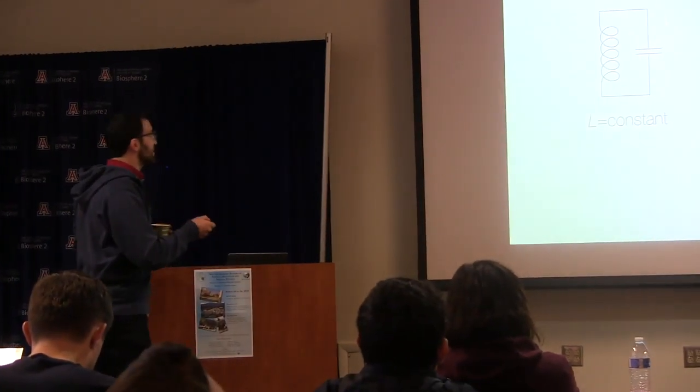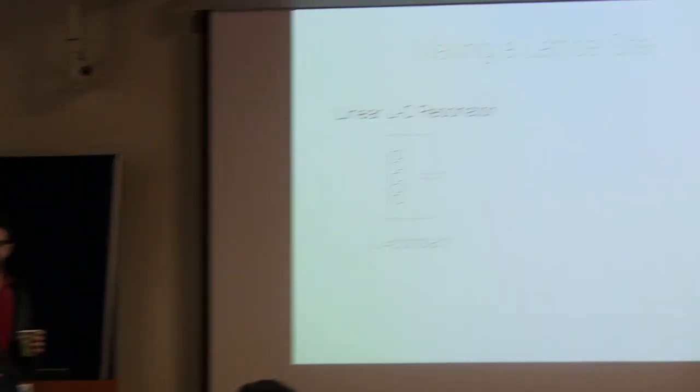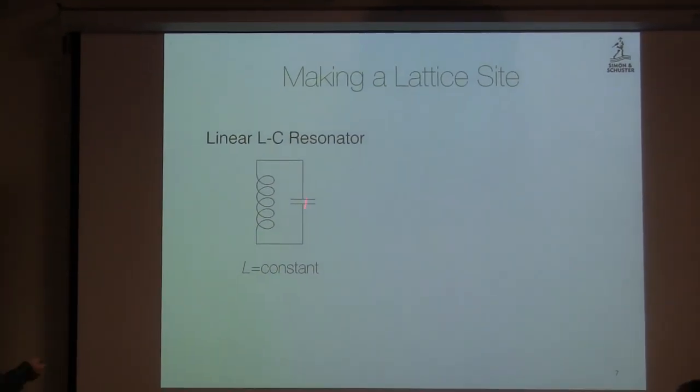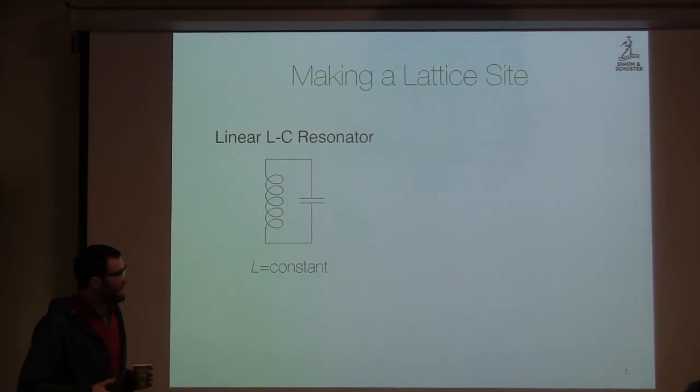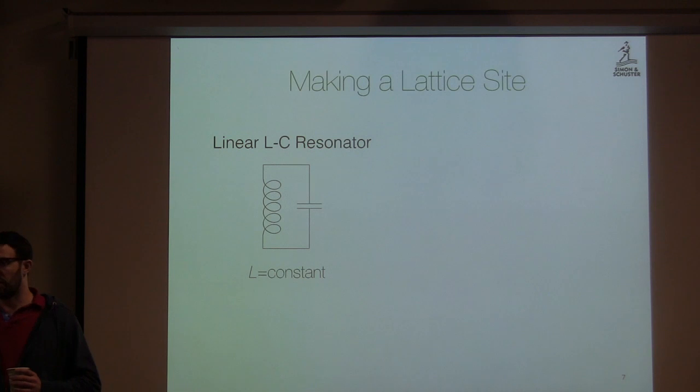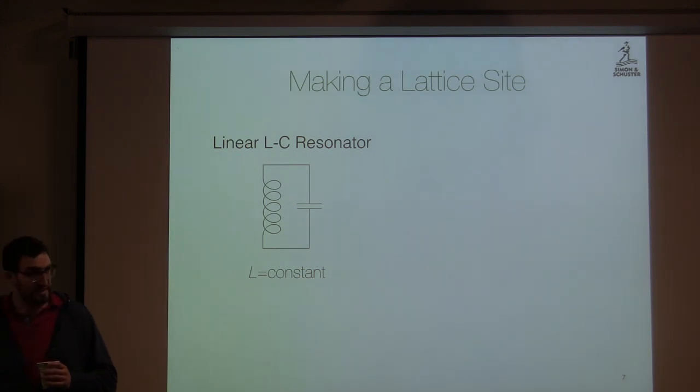Well, it turns out to be very simple, an LC resonator, okay? You can quantize an LC resonator. The excitations of that resonator are photons of energy, Planck's constant, times 1 over root LC, right? The resonant frequency.